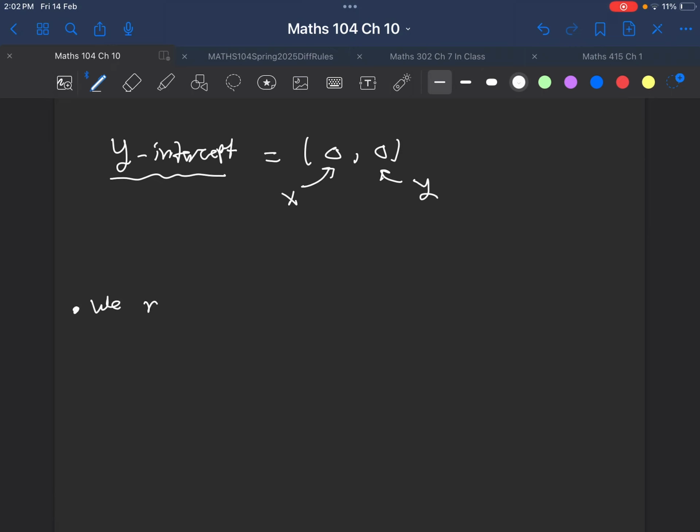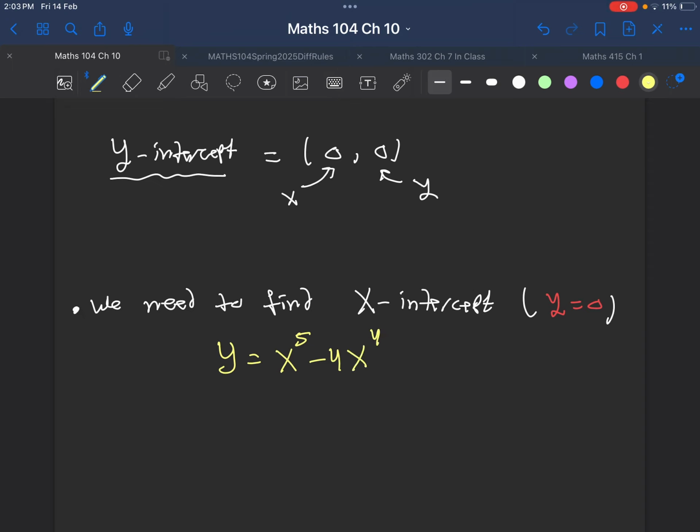The other 0 is the value for the y. Next, we need to find the x-intercept. And how do you find x-intercept? Your y must be equal to 0.